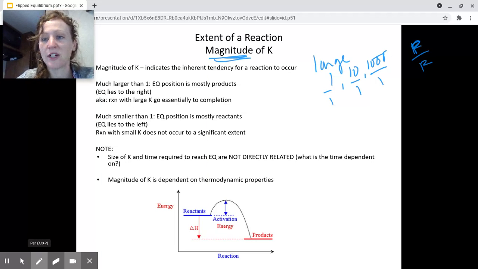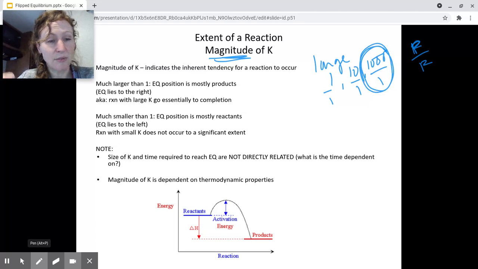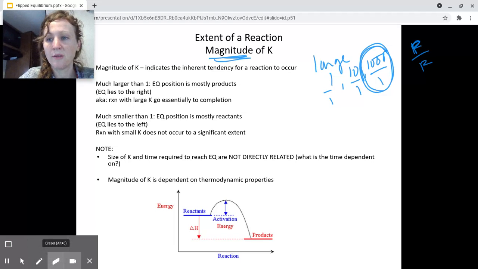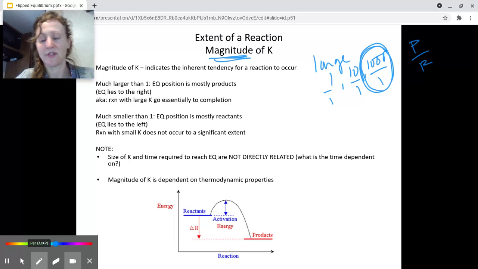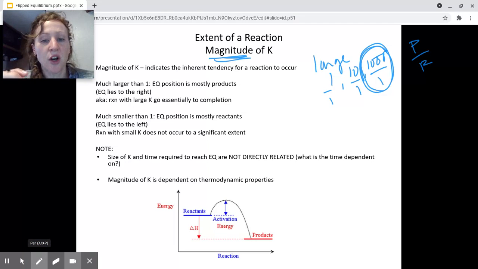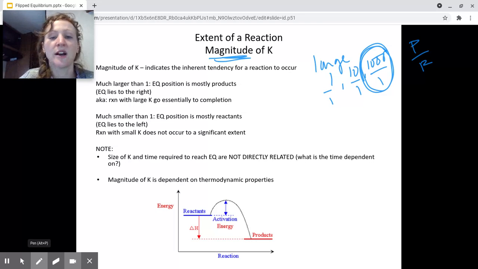So for every 1,000 molecules of our product that we have left, we only have one molecule of our reactant left. So this ratio can tell us where the reaction goes to.